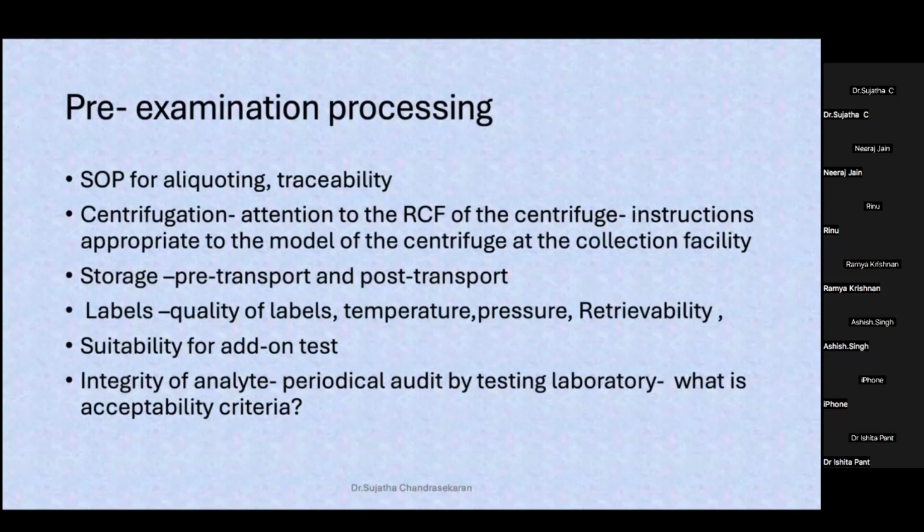And there is nothing like 1500 RPM for 5 minutes for urine and 3000 RPM for 15 minutes for serum. There is no general rule. It all depends upon the centrifuge. So the appropriate formula depending upon the model has to be applied and the SOP has to be written. Otherwise, you will end up with minor clots, cell contaminations, and that is definitely going to interfere with the results.